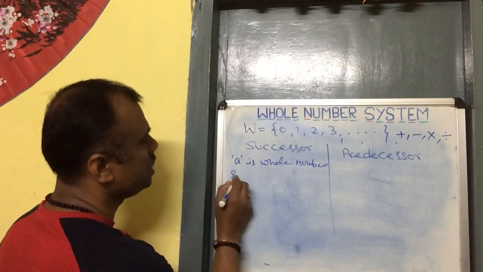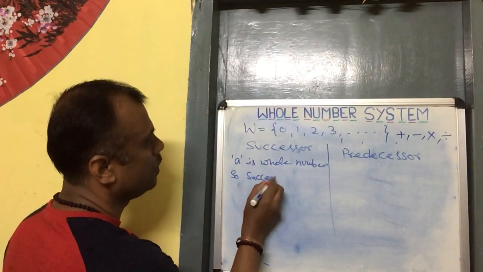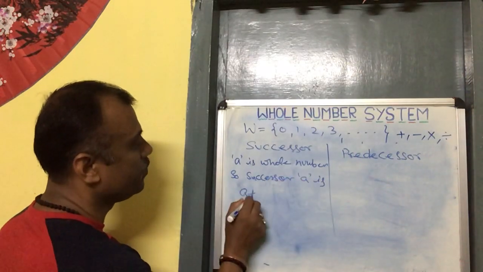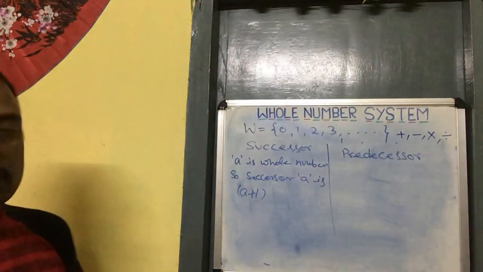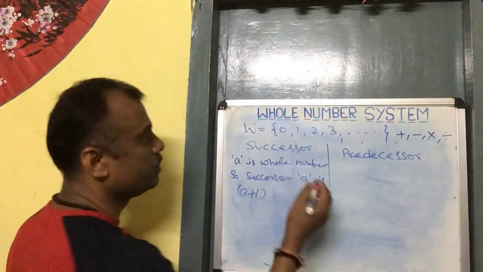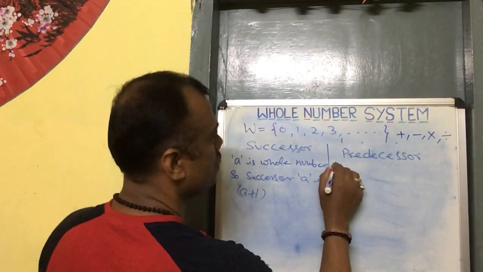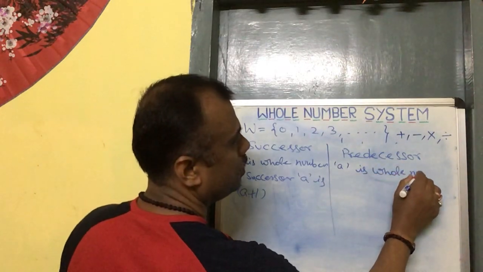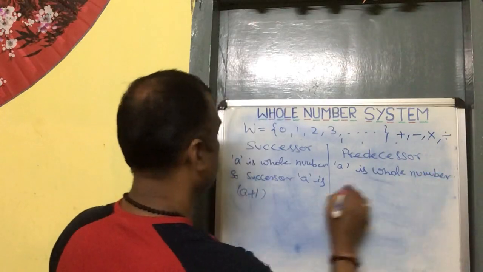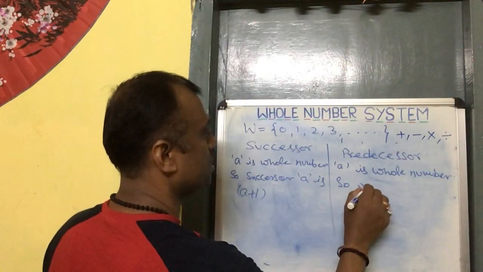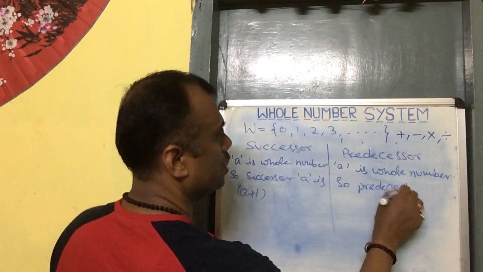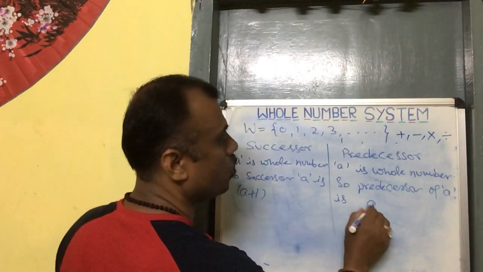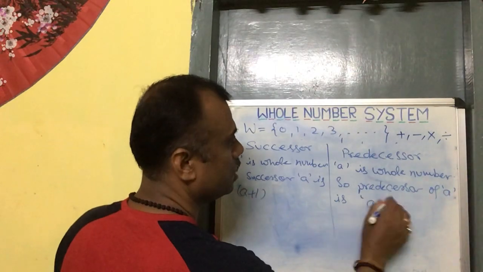So the successor of A is what? Just add 1 to the given number. Similarly, A is a whole number. Then the predecessor of A is nothing but 1 less than the given number.